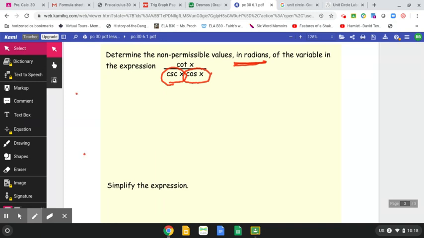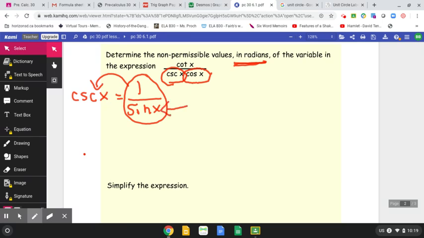So cosecant x is the same thing as 1 over what? Sine. So when sine is undefined, that means this is going to be undefined. So we need to find when sine x is 0, because that would be 1 divided by 0.